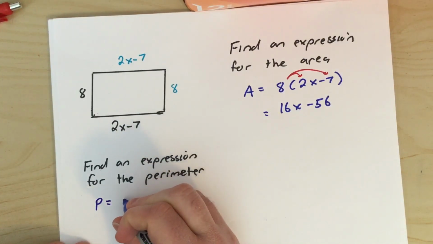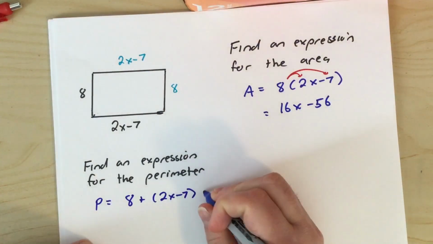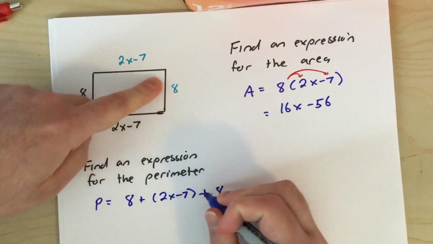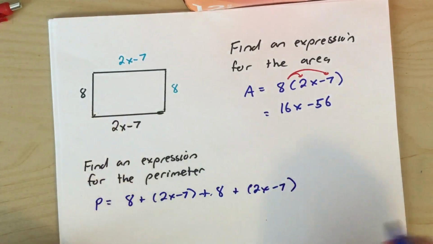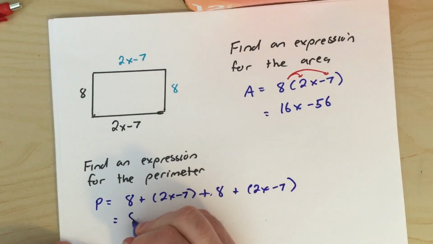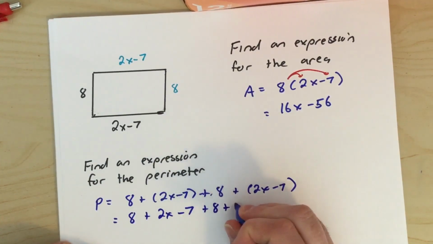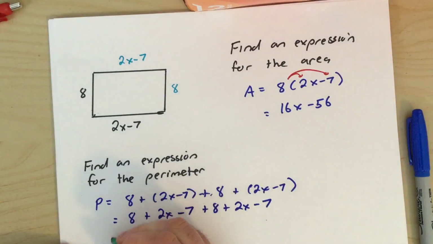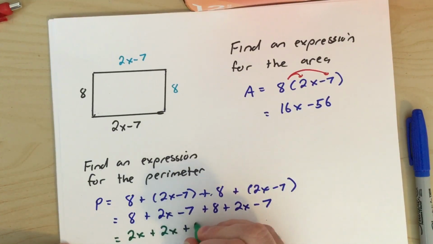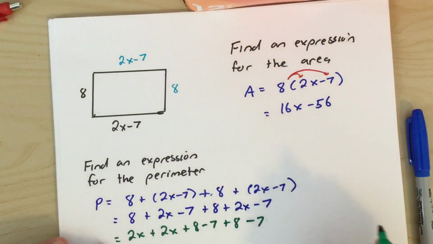So the perimeter is going to be 8 plus 2x minus 7 plus 8 plus 2x minus 7, which is going to be 2x plus 2x plus 8 minus 7 plus 8 minus 7.